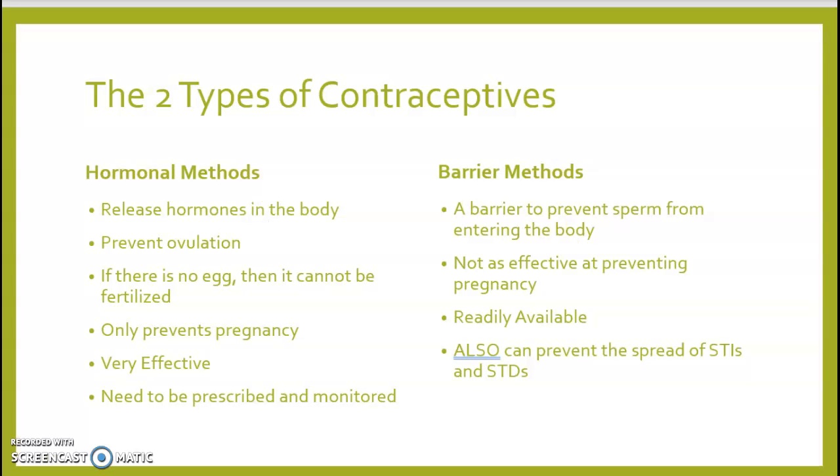There are two types or categories of contraceptives. The first kind are hormonal methods, of which there are many. And then there is another category called barrier methods. When you think about a barrier, you think about a wall, right? So nothing's getting through the wall.